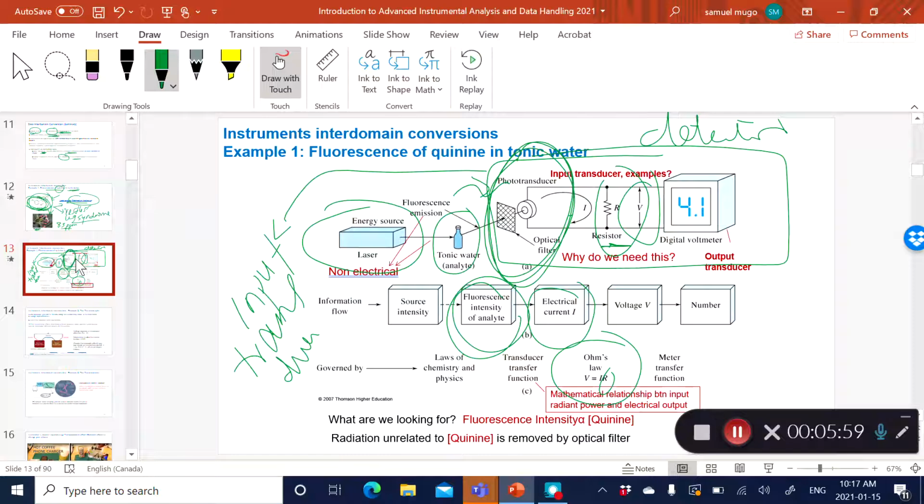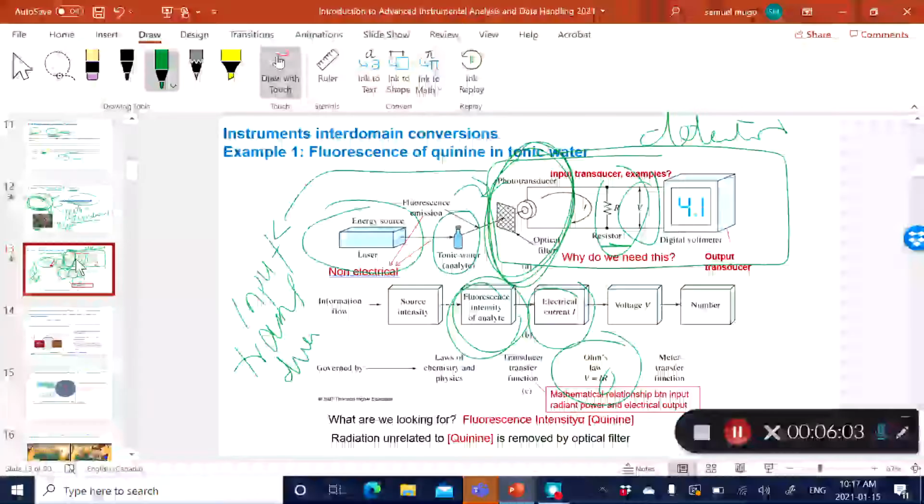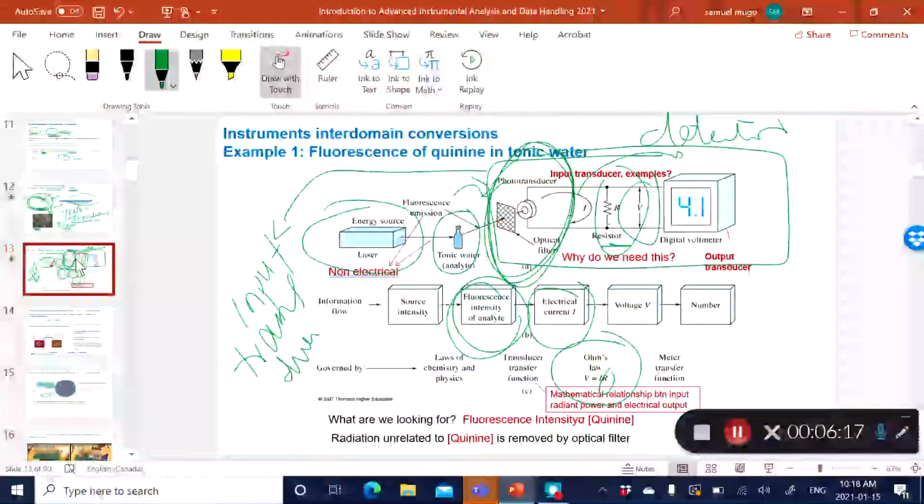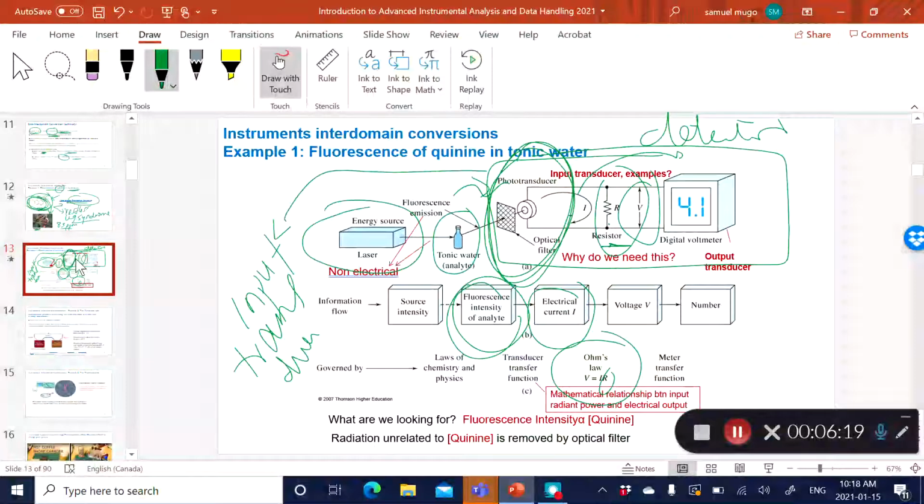Take note of this. Each of these transfer functions needs to be linear, meaning the current that I generate when I put it through a resistor, the relationship must be known, so that for any increase in current I get a proportionate increase in voltage. And of course you can see based on Ohm's law that's what's happening in this case.